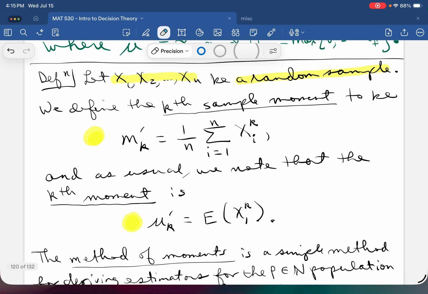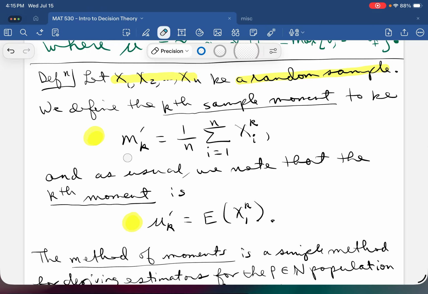To start, though, let's look at this definition and remind ourselves about the difference between the kth moment and the kth sample moment. So here we have our random sample, and the kth sample moment is what we see here, where we just add up our xi's to the power k and then divide by however many we have.